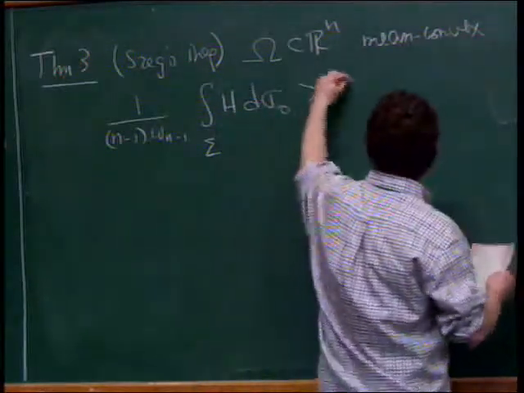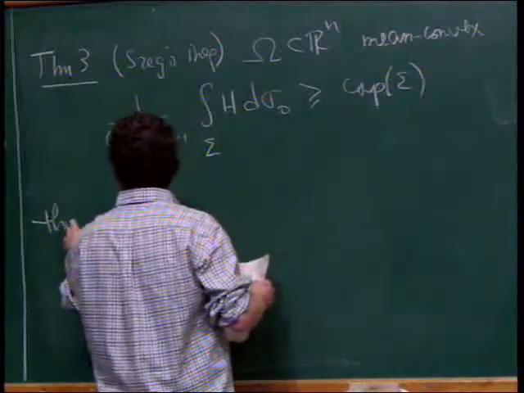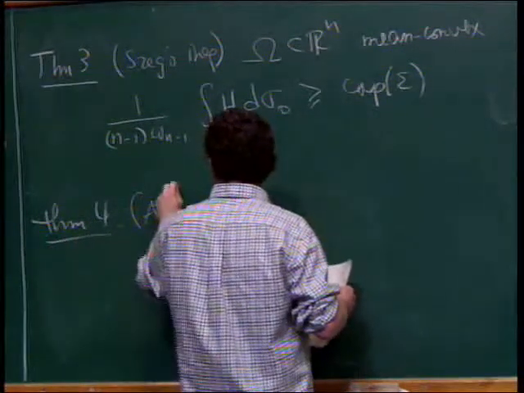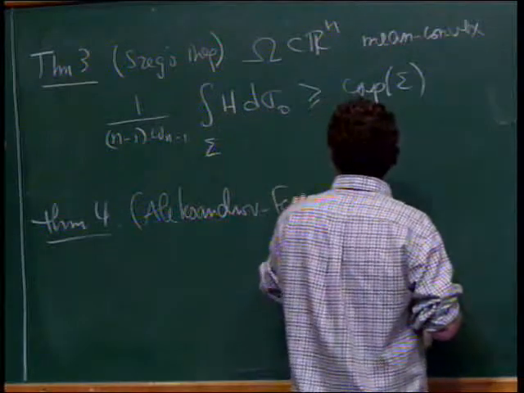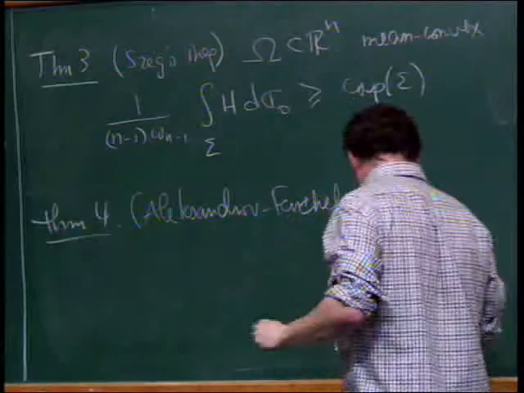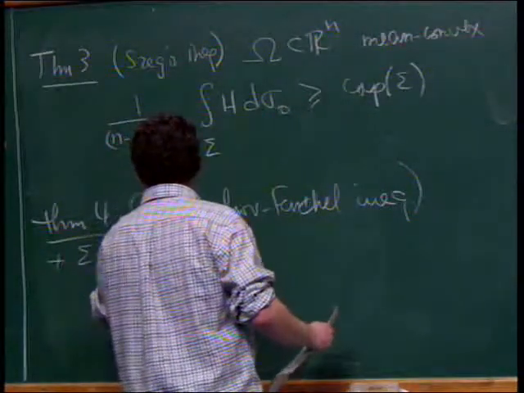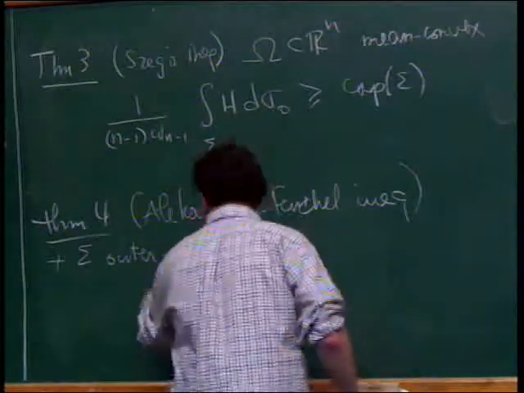This is that, and then we have an Alexandrov-Fenchel inequality, which says that if you add sigma outer minimizing, then you get the following estimate.